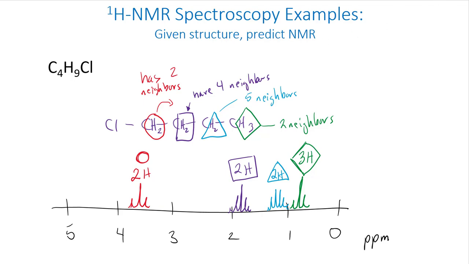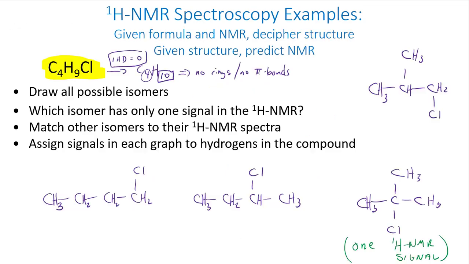What we're going to do next is, given the proton NMRs, try to match these 3 remaining structures to the proton NMRs and to assign signals in each NMR spectrum to the hydrogens in the compound.